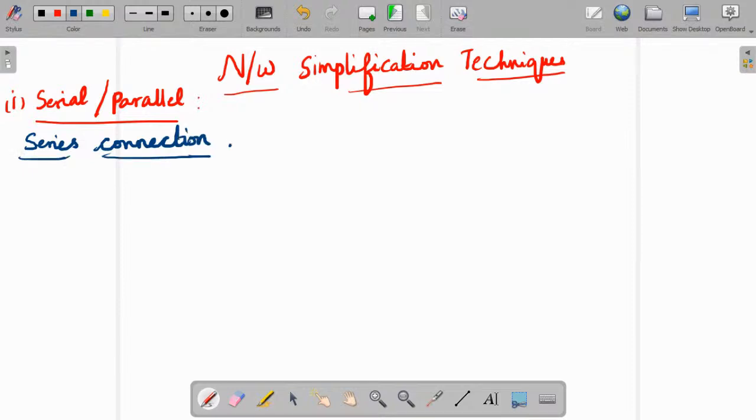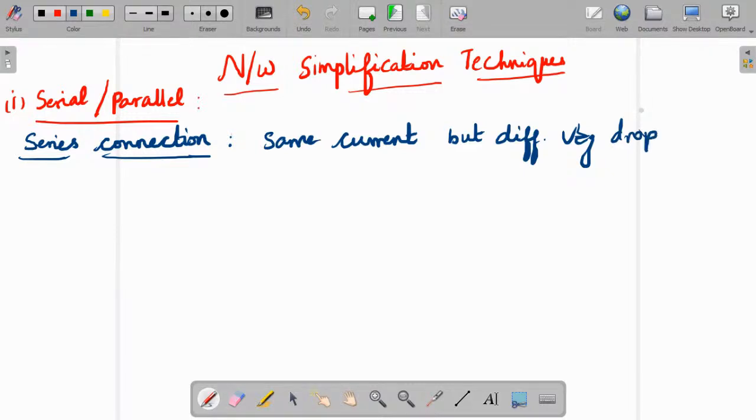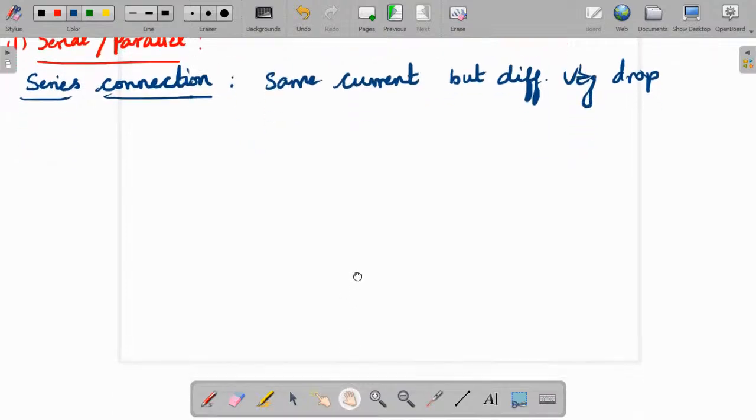Okay, so in a series connection the network elements will draw the same current but different voltages. There will be a different potential drop across the elements. Same current but a different voltage drop. Okay, so let us take first the series connection of resistors.